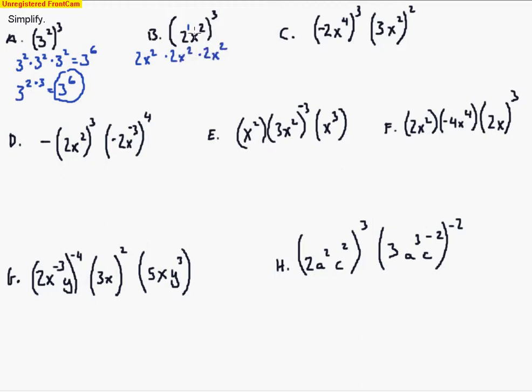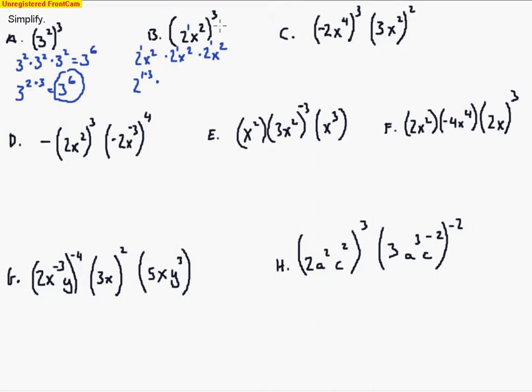Notice how this 2 is to the first power, so when I use that rule of thinking about how many groups of 1 I have, I have 3 twos all being multiplied together. So when I write this out, it's 2 to the first power times 3. 1 times 3 is going to give me 3.